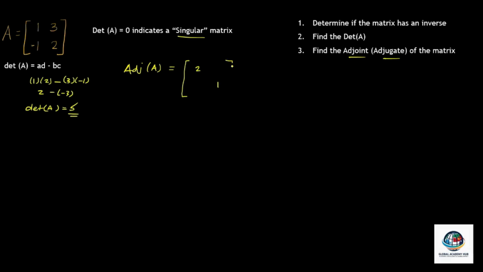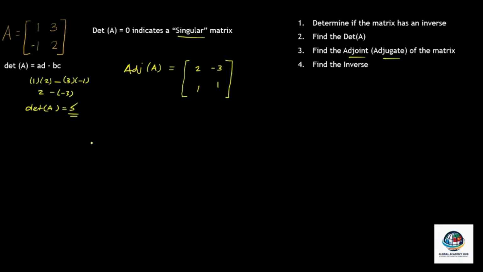So those are swapped. Now, in terms of B and C, I'm just going to take the minus values of those. I'm going to take the negative of whatever is there. So here, B is 3. In the adjoint, it's going to be minus 3. And C is minus 1. So that's going to be a positive 1. And so that's the adjoint of A.